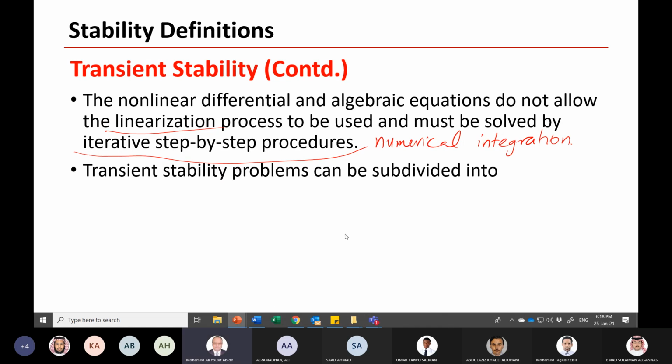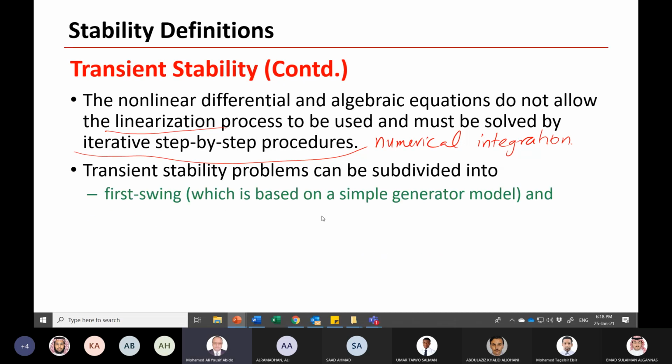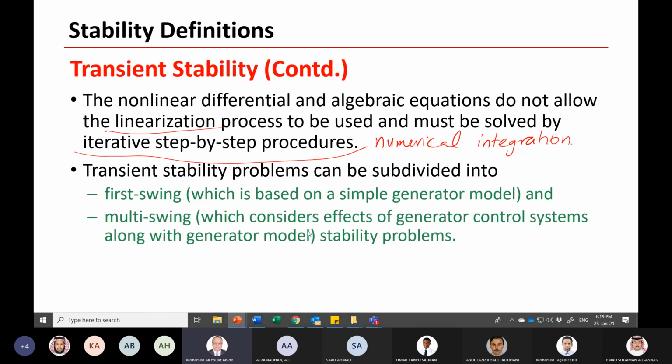Transient stability problems can be subdivided into first swing, which is based on a simple generator model, and multi-swing.